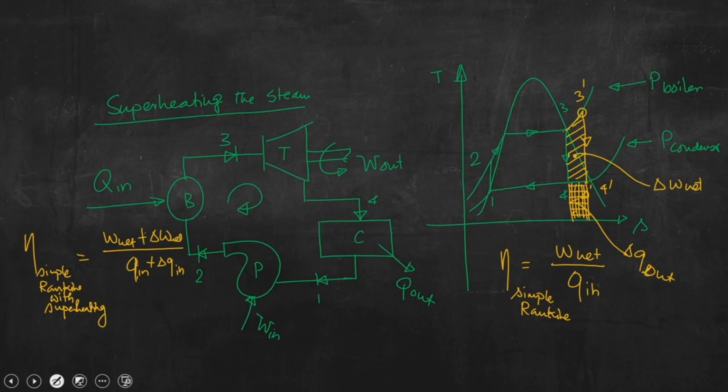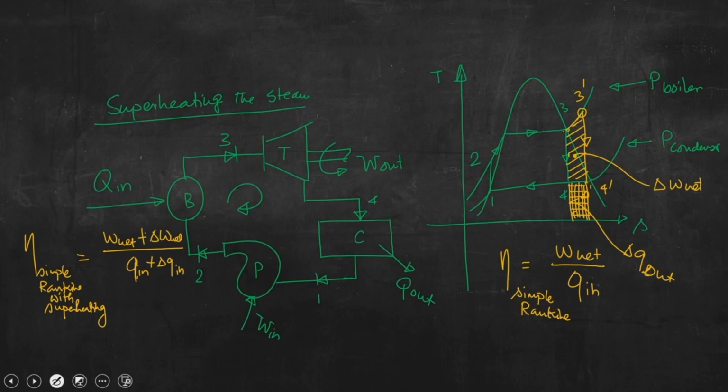So, though some amount of heat must be rejected if we superheat steam beyond point 3, that Q out is not relatively higher than the amount of heat that is added to achieve this delta W net. Heat is added non-linearly, while heat is rejected linearly.